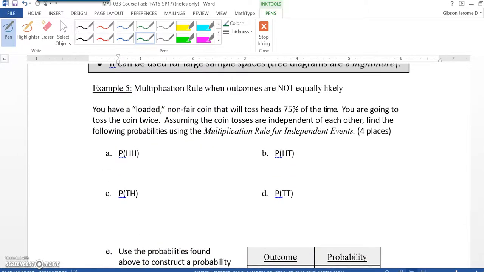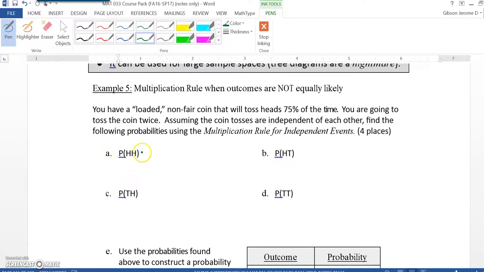You have a loaded, non-fair coin that will toss heads 75% of the time. You are going to toss the coin twice. Assuming the coin tosses are independent of each other, find the following probabilities using the multiplication rule for independent events. So we have the probability of 2 heads.